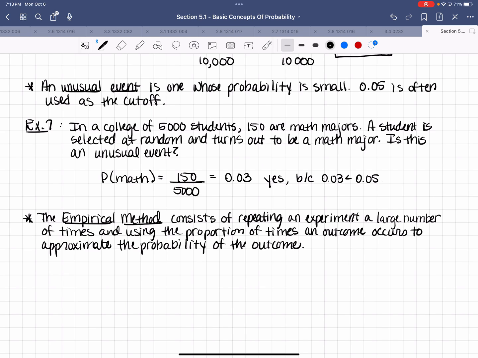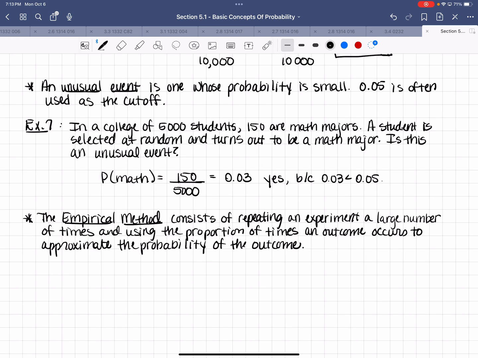So, guys, pretty much what they're doing is mixing that empirical method with the law of large numbers. We talked about in the law of large numbers, if we do it again and again, that experiment will approach what we call theoretical probability. There's experimental probability and theoretical probability.